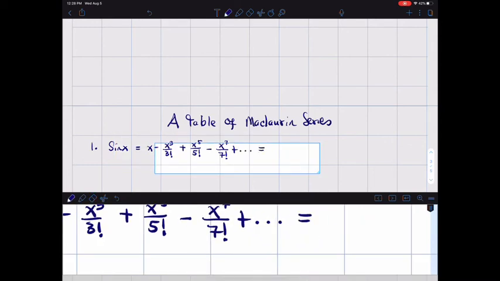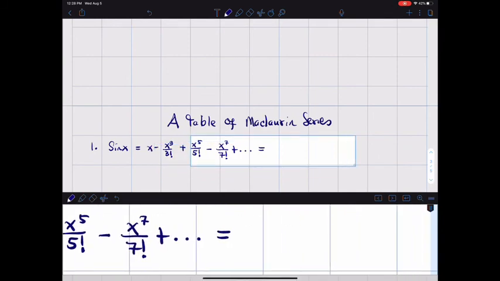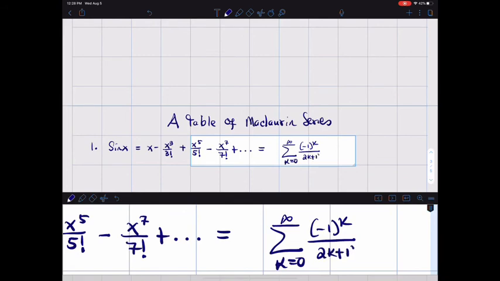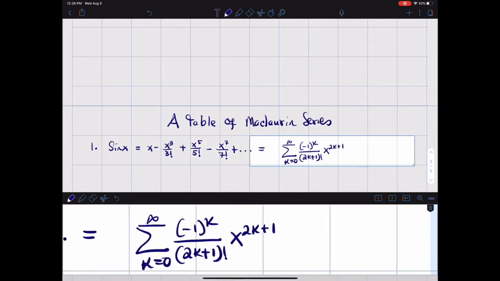Alright, so this is the summation. We know that this is the summation k from 0 to infinity of negative 1 to the power of k over (2k plus 1) factorial, x to the power of 2k plus 1. And this is valid for x from negative infinity to infinity.